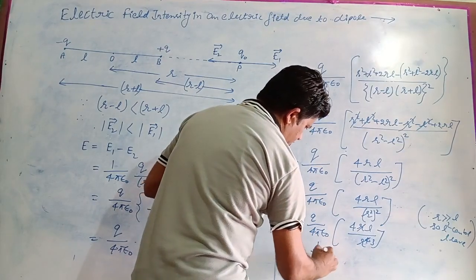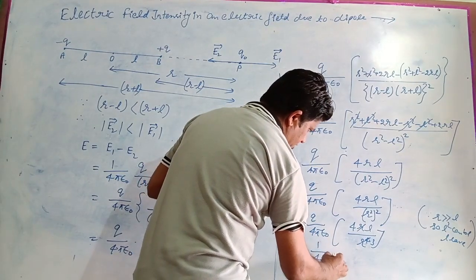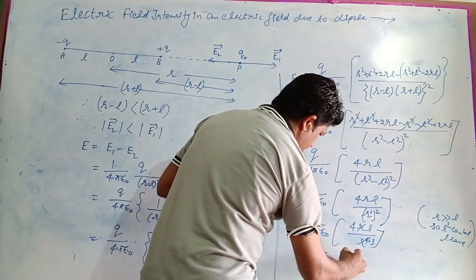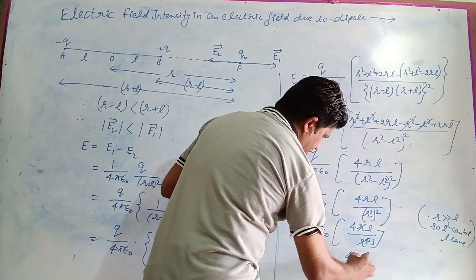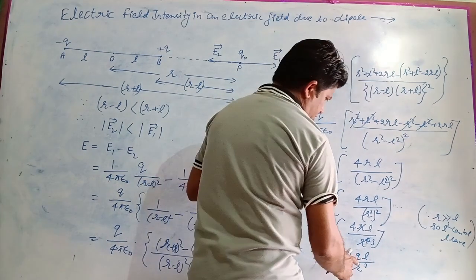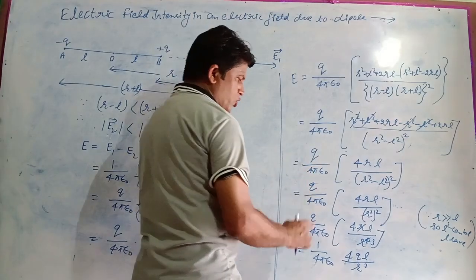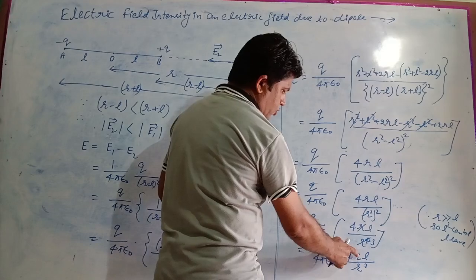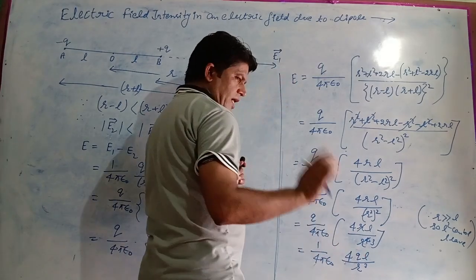Now 1 upon 4 pi epsilon naught, 4 QL upon R cube. And now, as you know that P is equal to 2QL, we get 2 from 4, and QL will also exist.